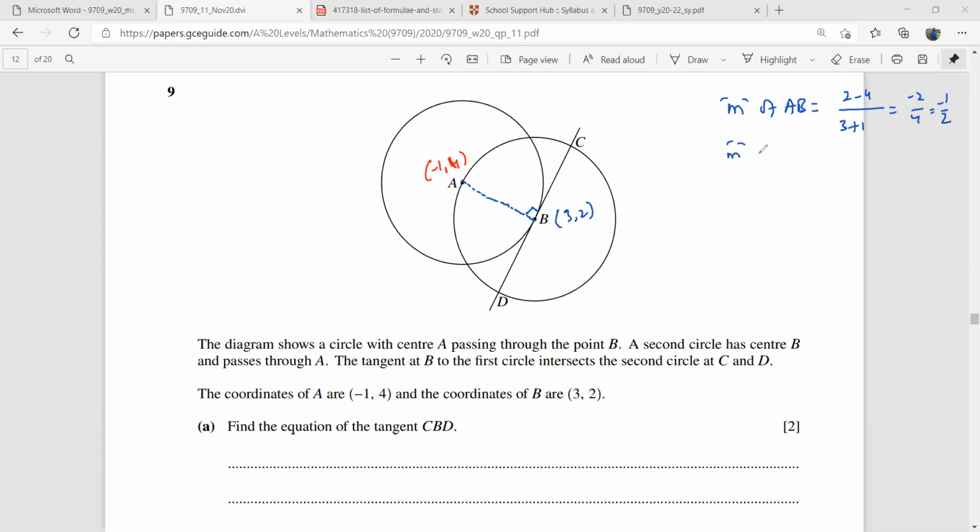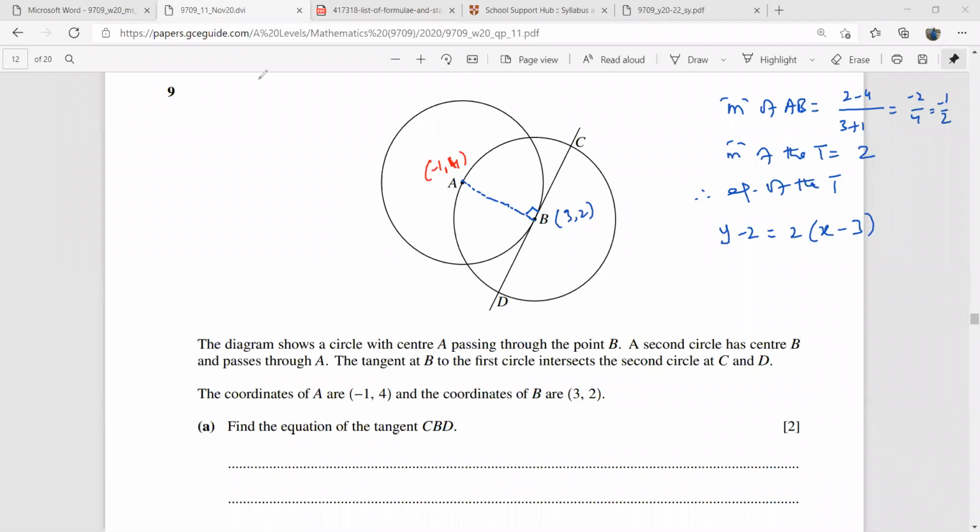And then what would be M of the tangent? That would be 2. Therefore, equation of the tangent, we'll be using this point B, y minus 2, that is equal to 2 into x minus 3. I can leave this as it is because I don't need to simplify this. He's not asking the equation in a specific form.